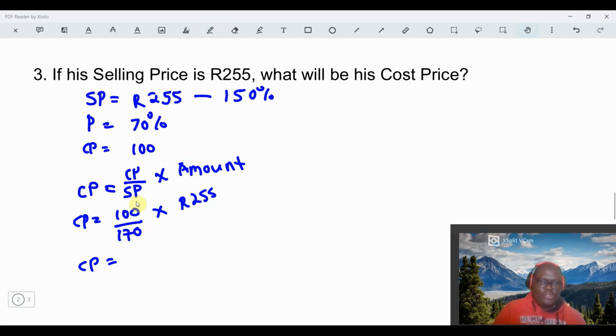Your cost price becomes R150, which is what we have from that information at the top.